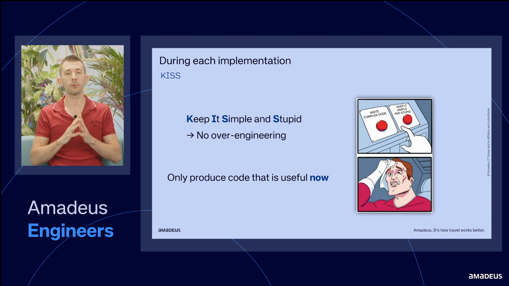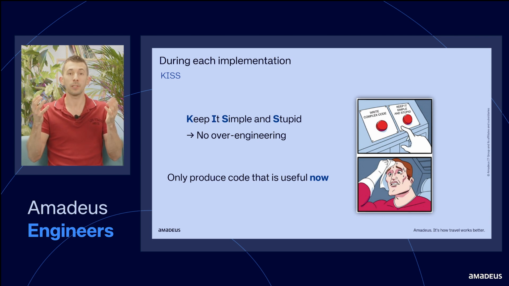Do not over-engineer your solution and try to anticipate everything that might happen in the future. Only produce code that is useful now, that brings value now. What might be needed later, just do it later, when and if it will actually be needed, because requirements change fast.